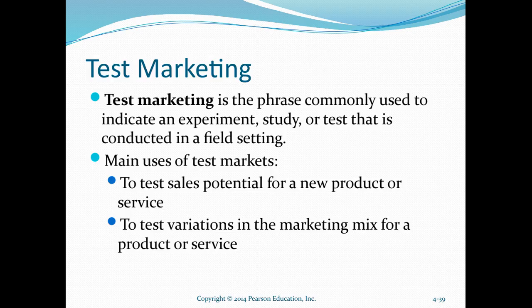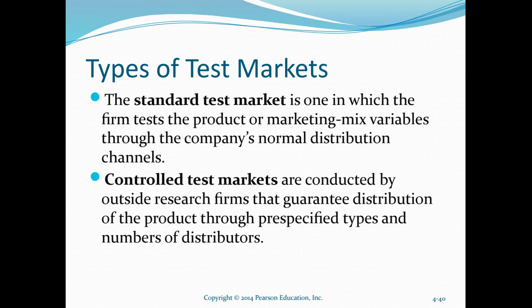The standard test market is one in which firms test the product or marketing mix variables through the company's normal distribution channels. Marketing mix, basically, we talked about four dimensions of marketing. They are called the four P's as well: price, product, place, promotion.